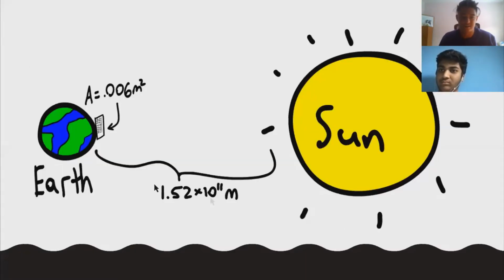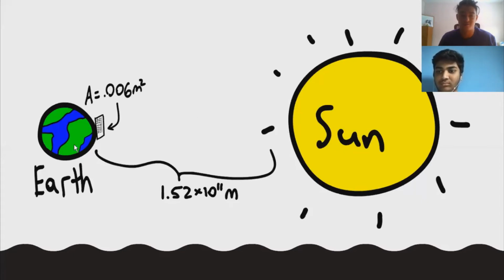As you can see here, that's the distance of the sun to the Earth. So the next part would entail creating a sphere around the Earth to see just how much total energy the sun is exposing us to.